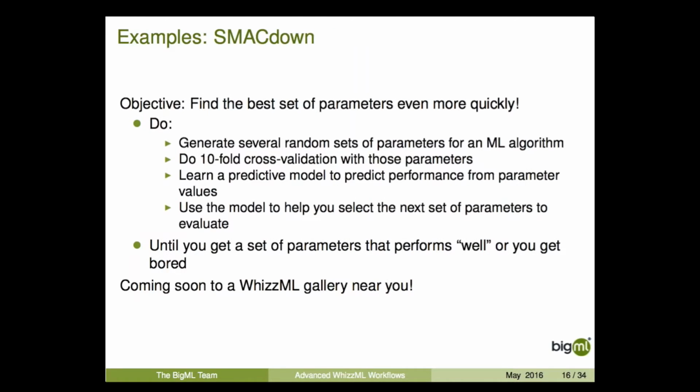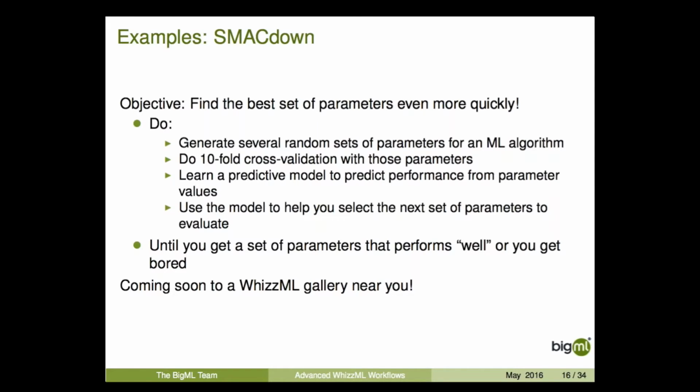And then if we want to be a little more clever about parameter selection, we can do this thing we call Smackdown here. This is a WhizzML implementation of the SMAC algorithm, which you can look up in the academic literature. Basically, instead of just trying random sets of parameters, we're going to let the previous evaluations of parameters guide our search for the next parameters.